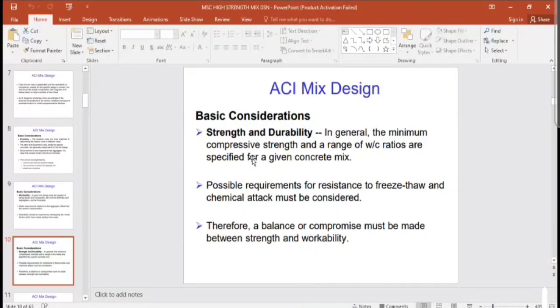Then secondly, we also take care of our requirements for freeze-thaw, chemical attack, or alkali aggregate reactions, or alkali silica reactions. These are all well taken care of. So if we take care of these particular parameters, then we take care of the strength as well.